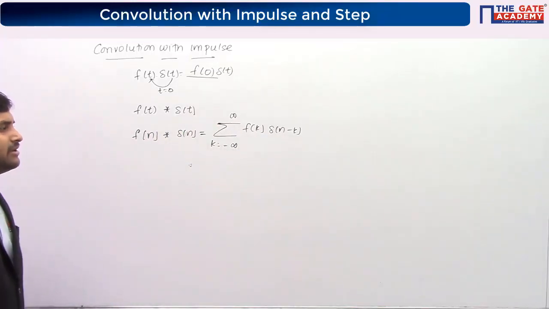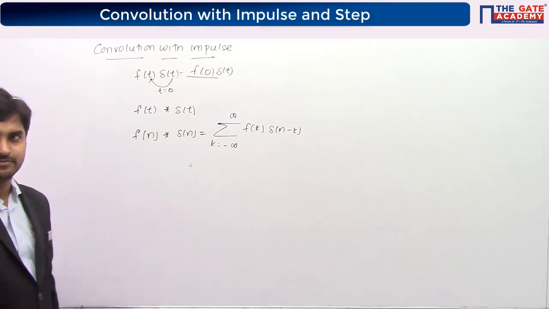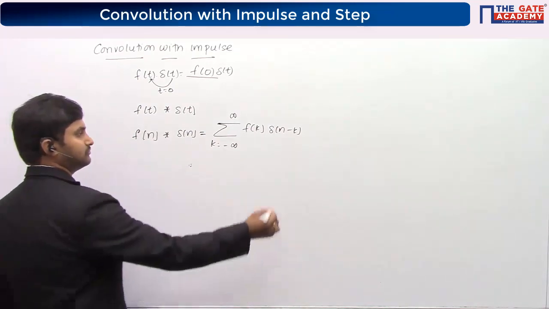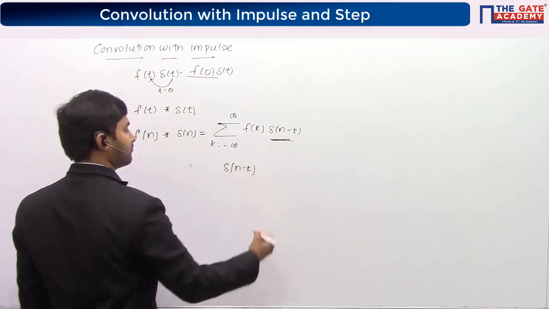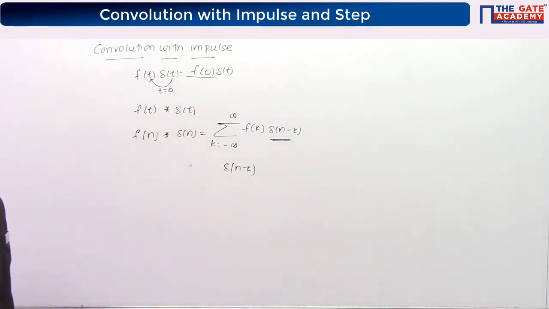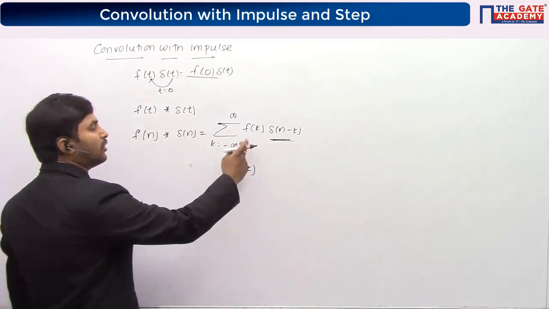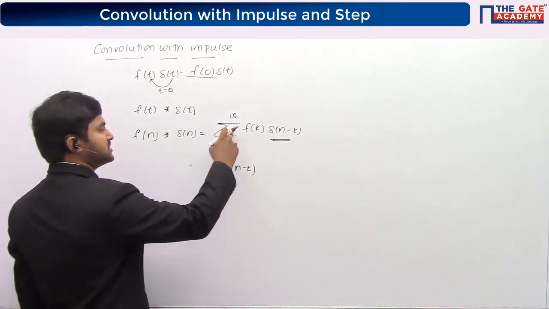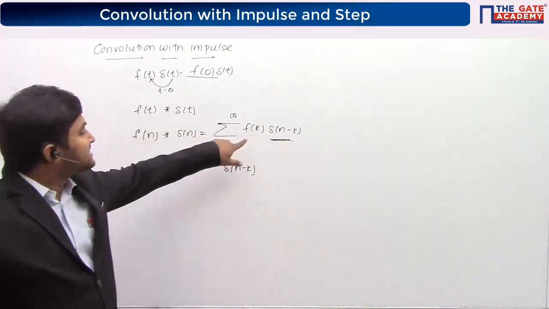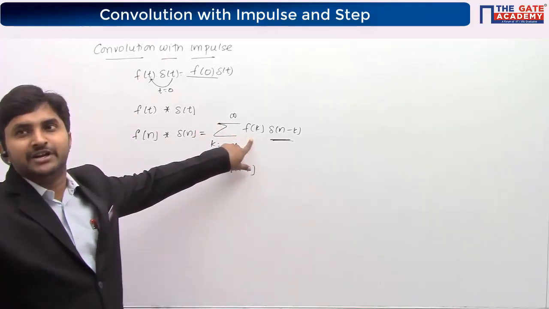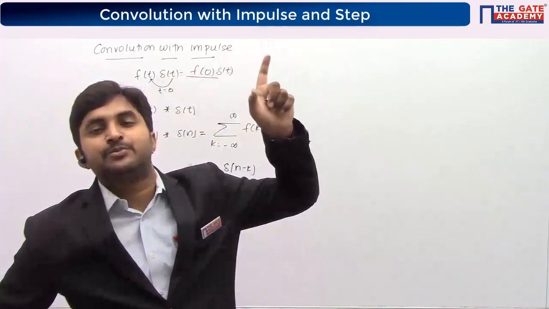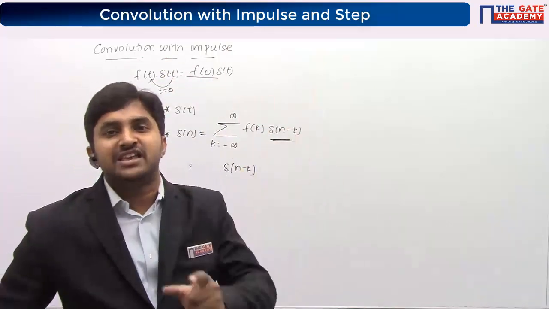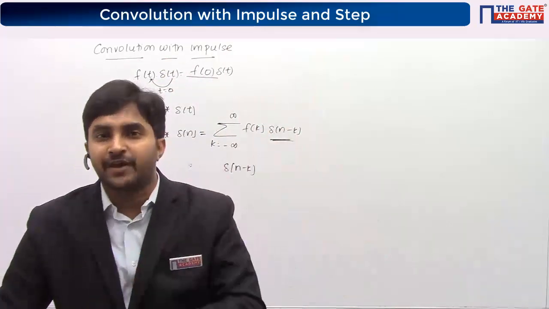Now can you please tell me, where do we have an impulse? What is the independent variable inside the summation? Inside the summation, k is going to be the independent variable. If you remember, the first step of convolution, we changed the independent variable from n to k.